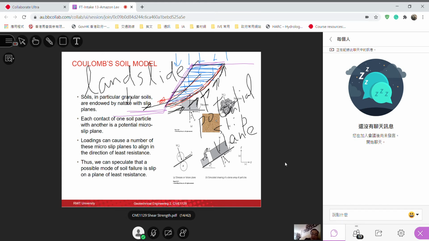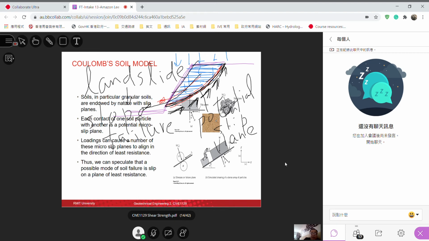即係山泥傾瀉啦。Okay, basically, the driving shear force along this potential failure plane is higher than the frictional resistance of the soil particles across this potential slip plane.